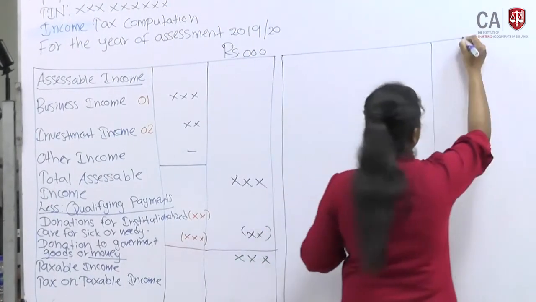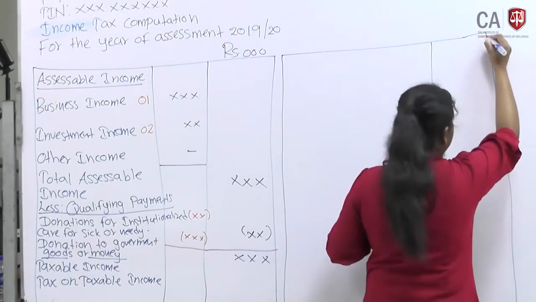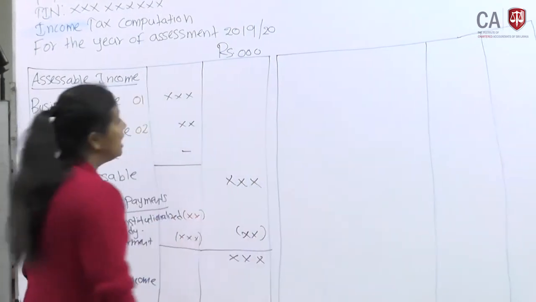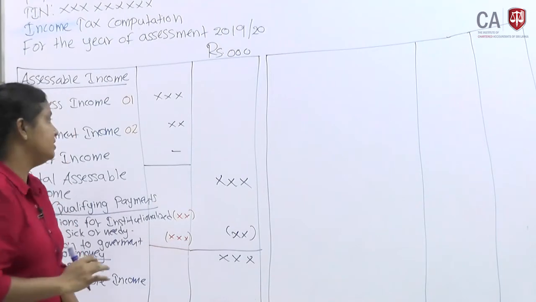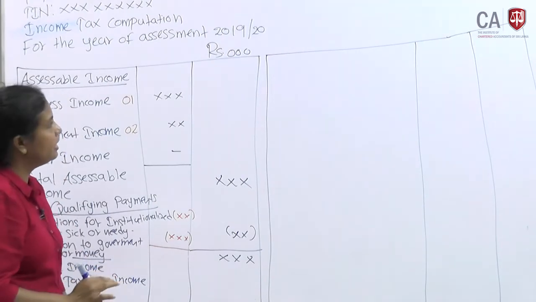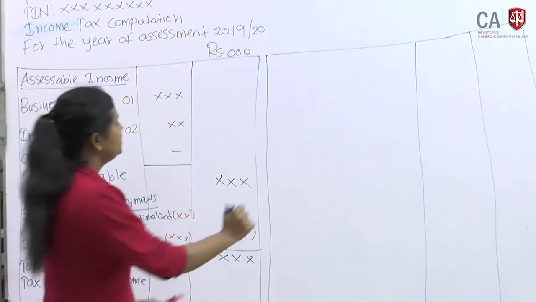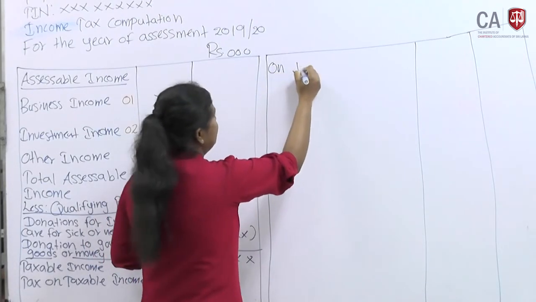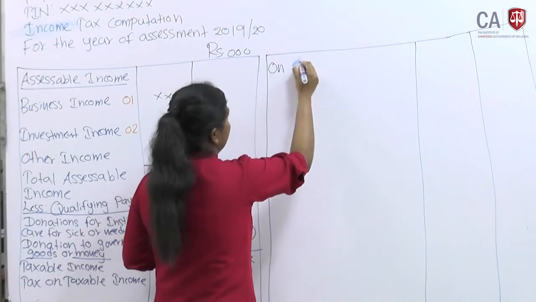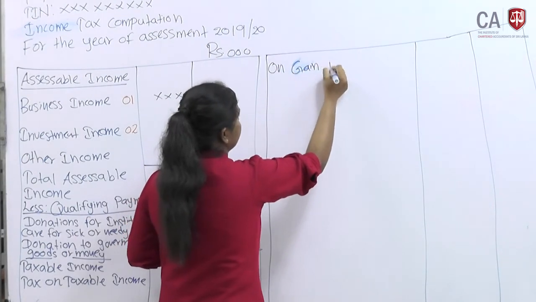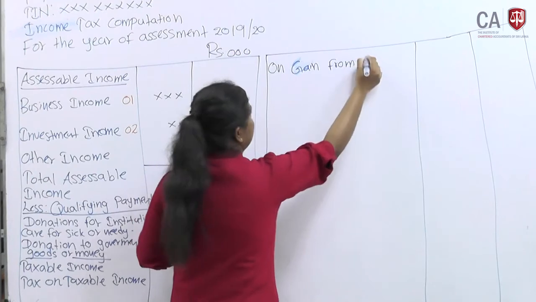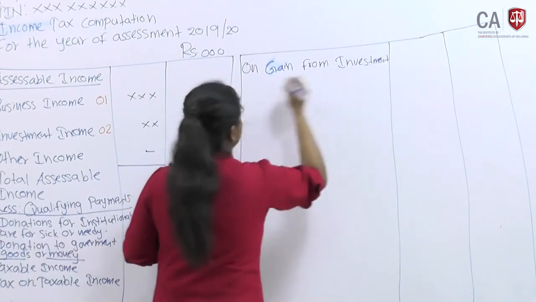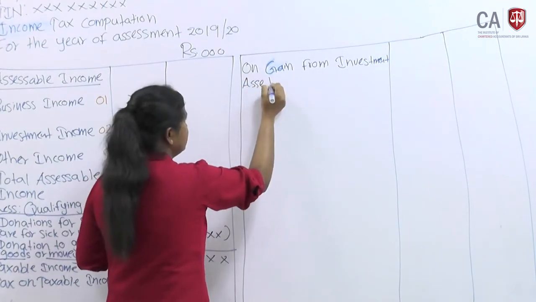There may be different rates applicable for taxable income. I will take such an example. Now, tax on taxable income: think that the taxable income we have is a gain from investment asset.